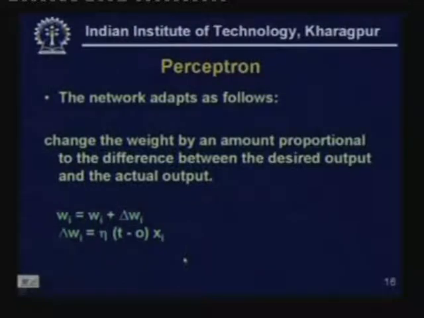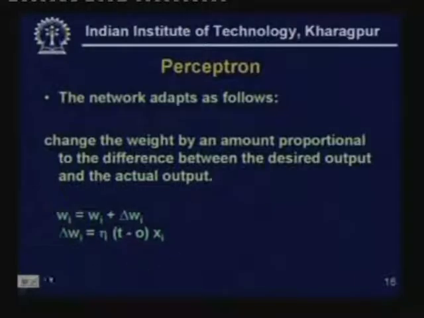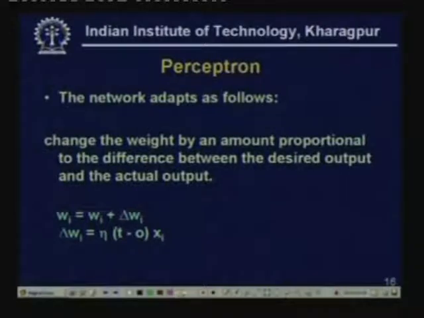Now, suppose we are given one example of data, and according to that data there are some inputs. So, the inputs are, let us say, x1, x2, xn, and corresponding to this input, the target output is t.